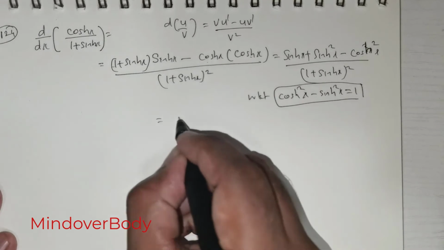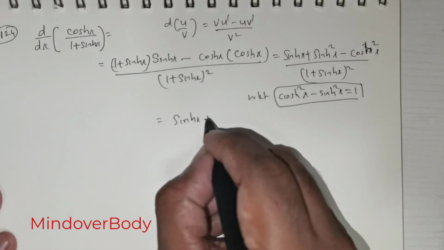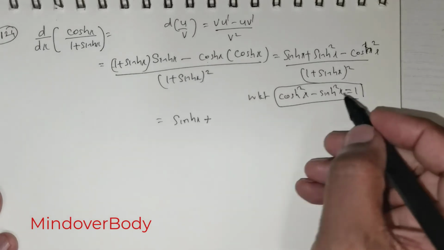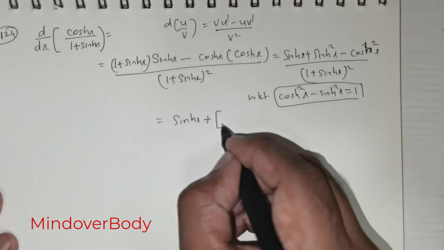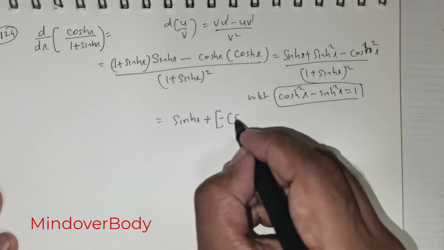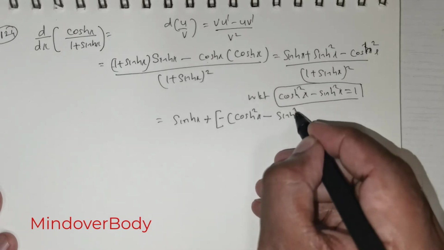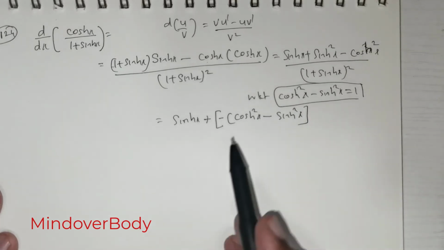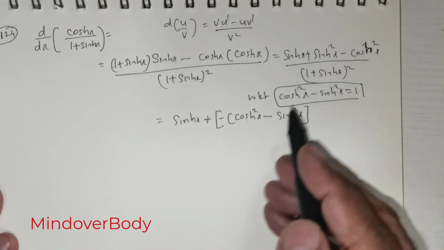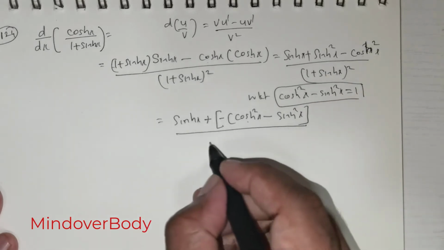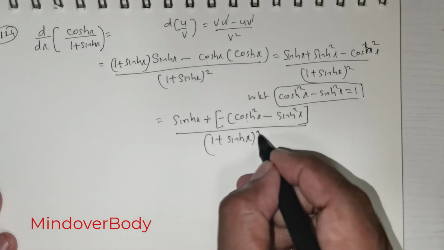So I'm going to rewrite this. In fact, if I were to take a negative sign out, this is going to be cosh squared x minus sinh squared x, right? Negative times cosh squared x will give me negative cosh squared x, negative times negative sinh squared x will give me positive sinh squared x, divided by 1 plus sinh x raised to the power of 2.